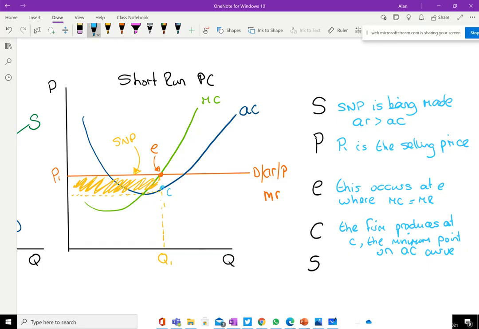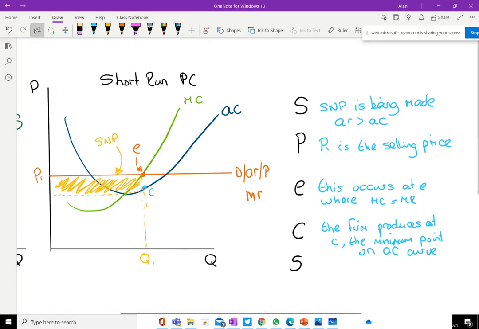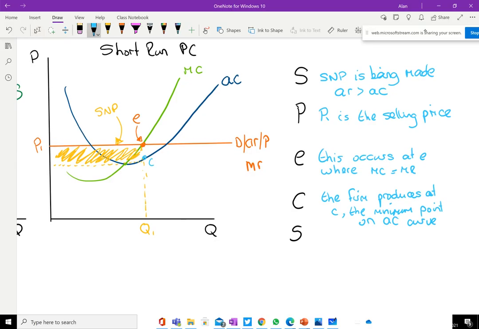And then the last thing to say is S stands for scarce resources. So really what we're looking for is, is the firm efficient? So S stands for scarce resources. And how do we determine if a firm is efficient? We determine a firm is efficient if your costs are at the lowest point of the AC curve. If you can produce things as low as possible, that's efficient use of resources.